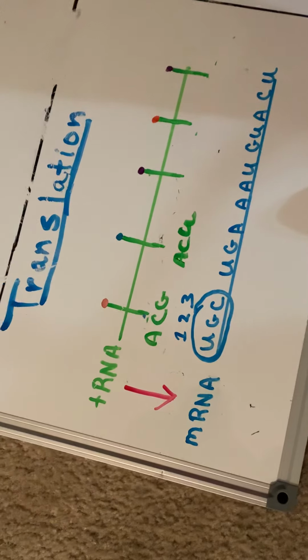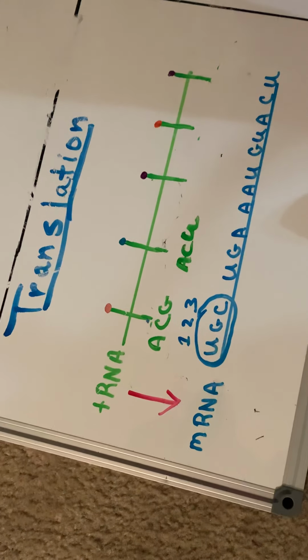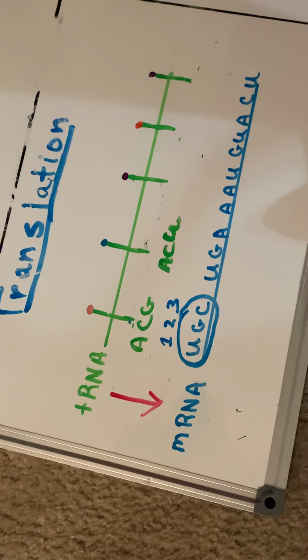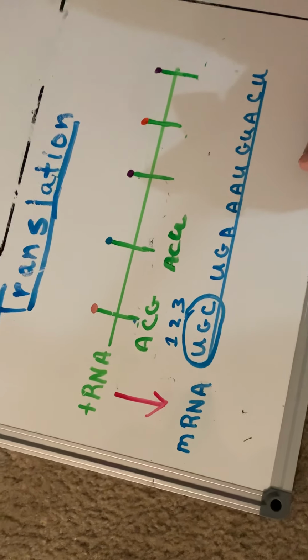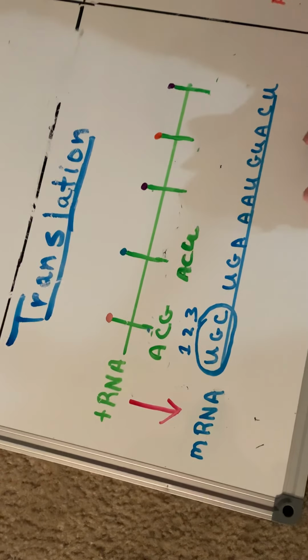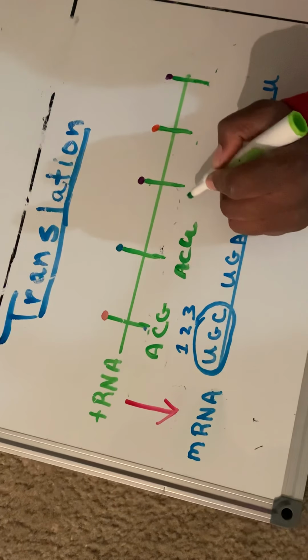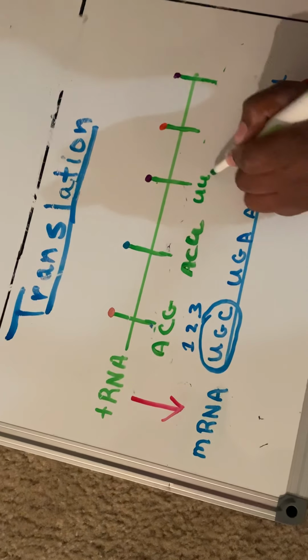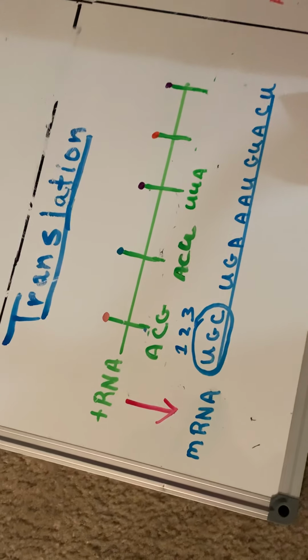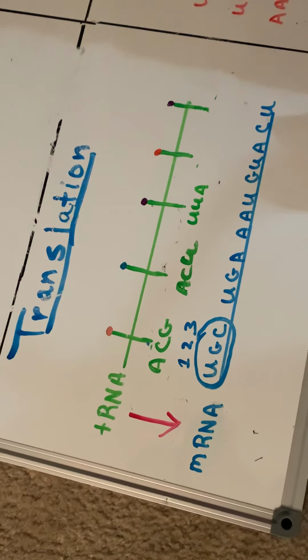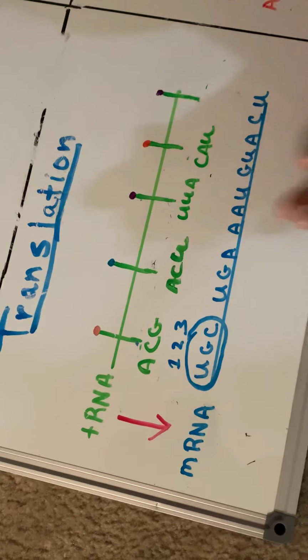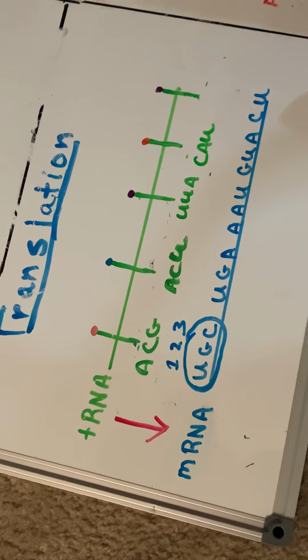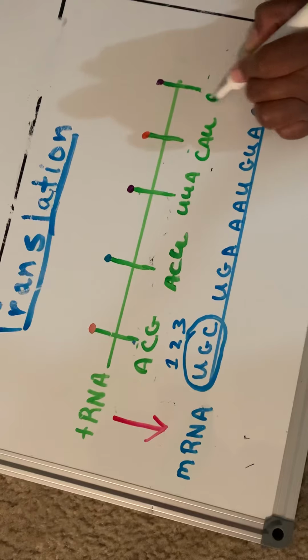So anytime you're dealing with RNA, you're going to have uracil instead of thymine. The next anticodon for the transfer RNA molecule is going to be U, A. And then the next anticodon is going to be C, A, U. And the final one is going to be G and A.